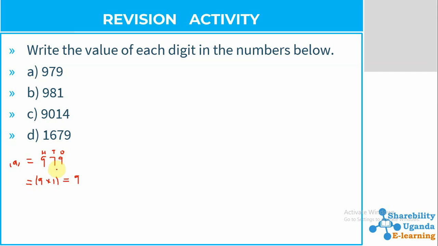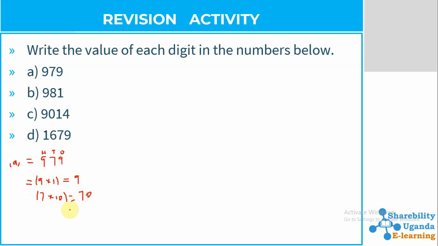Then we come up with another number which is 7. Then we say our 7 times its place value, the place value of tens. Our 7 times 10, we come up with 70.